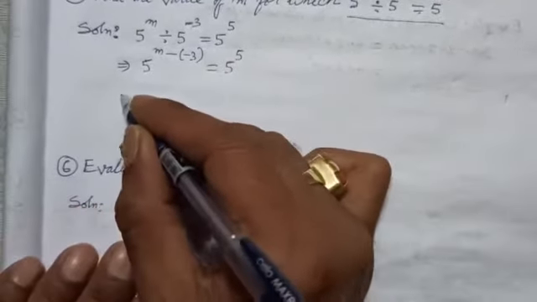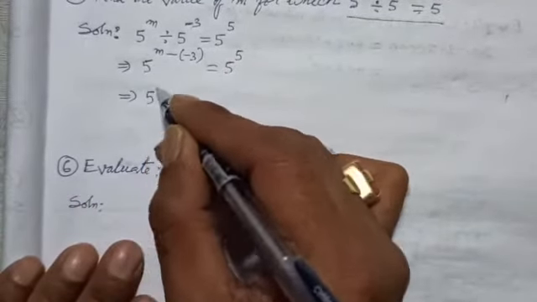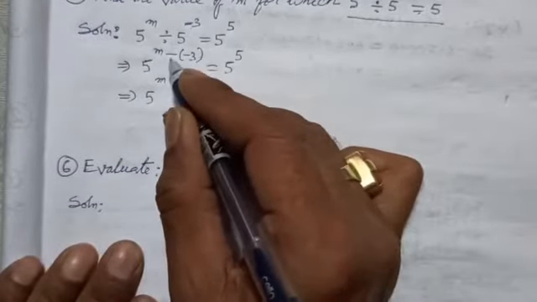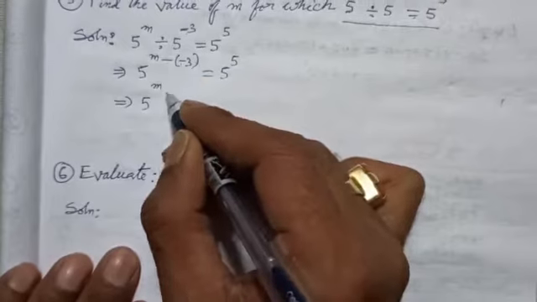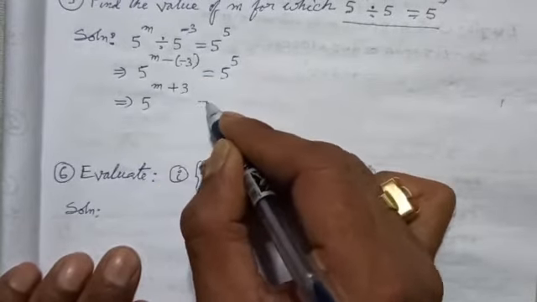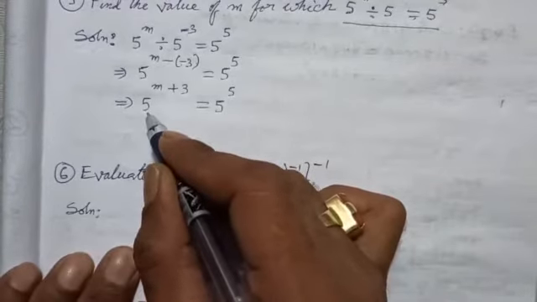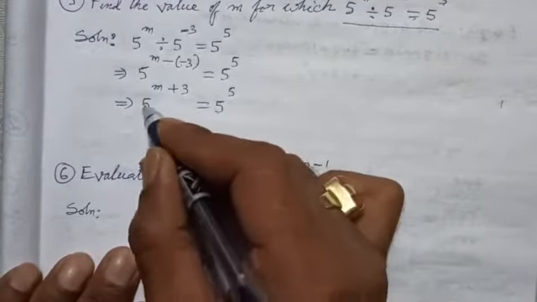Then next steps. 5 to the power m. If we are leaving this bracket, minus and minus are multiplied, then we are getting plus 3 is equal to 5 to the power 5. Here bases are equal. This is also 5, this is also 5. So the bases cancel.